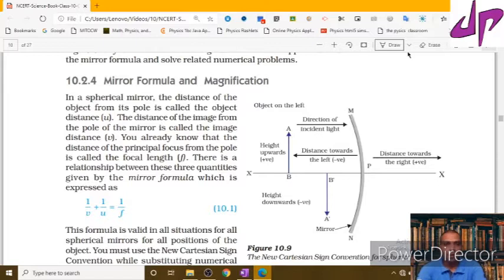This class I would like to discuss mirror formula and magnification and some problems related to these concepts. First we will see what is mirror formula.